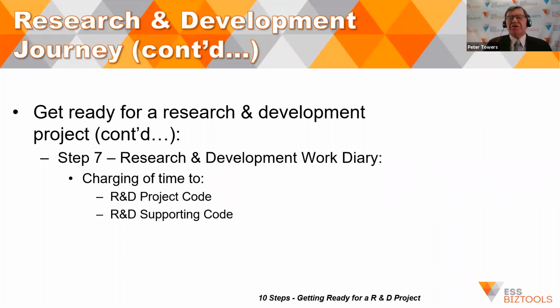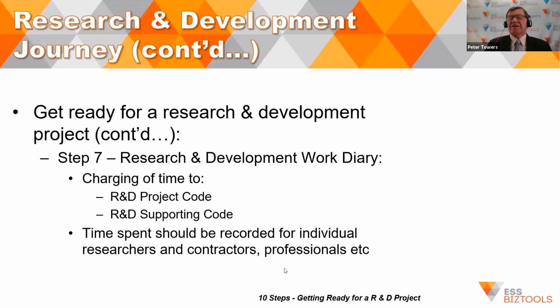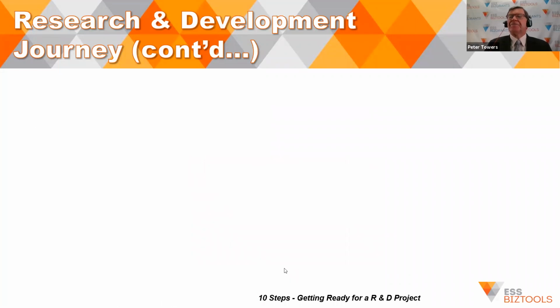But then we have supporting activities, which can be claimed fully if they relate to a core research and development project. So those activities should have a number, and they should also be recorded in the system as to the hours that have been worked by team members and or contractors, consultants, or external professionals on that task. So the time spent can be recorded.